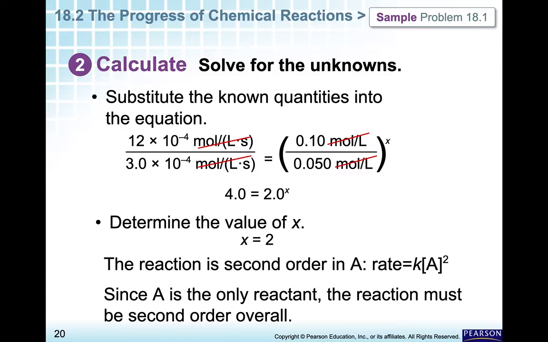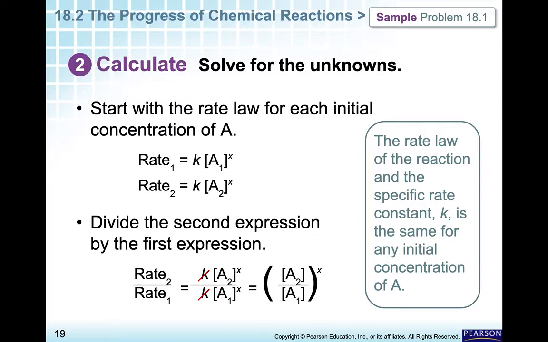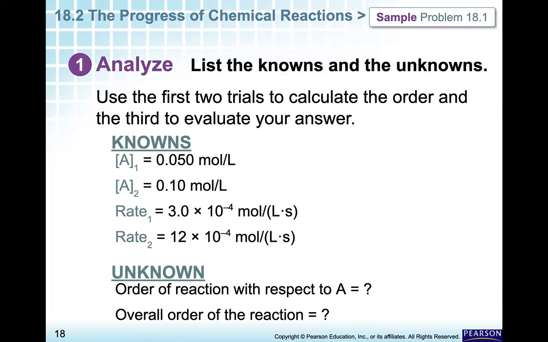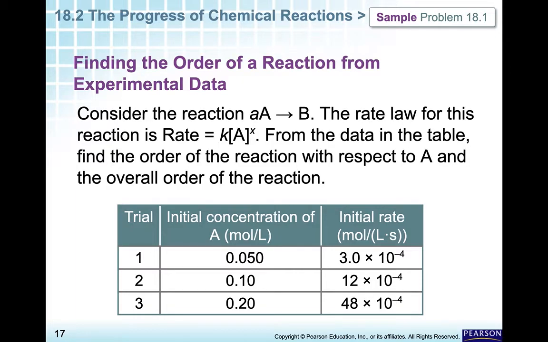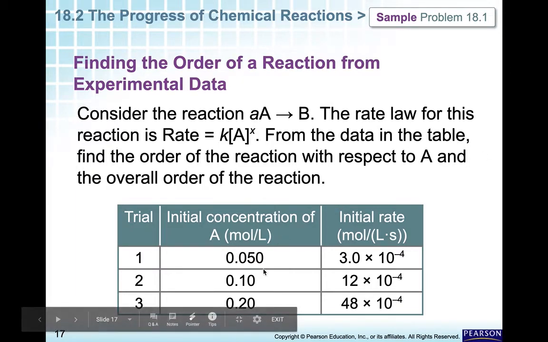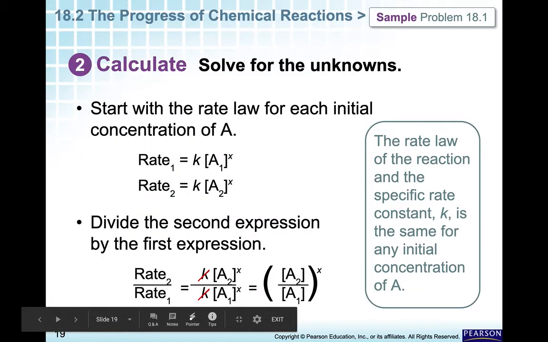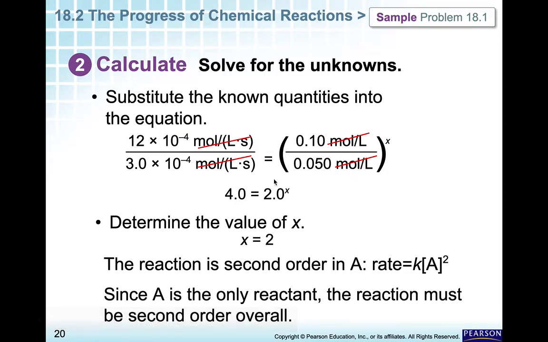Now, let me go back a couple. You wouldn't necessarily have to go through all of these steps. You certainly can at the beginning to be sure you're keeping all the numbers straight. But from this table, again, we could look and see that our concentration is doubling, our rate is quadrupling, and we could skip right ahead to this step.